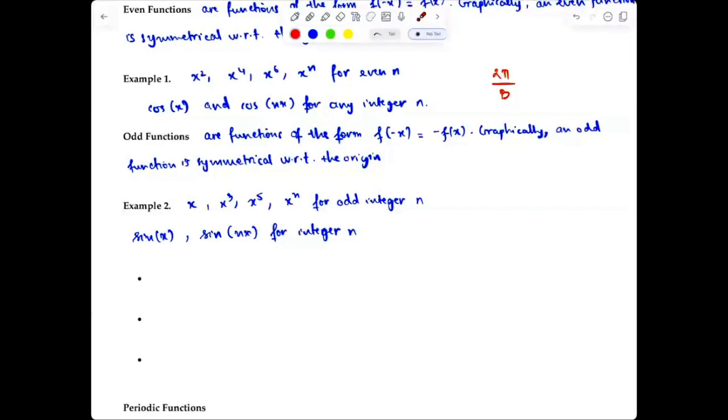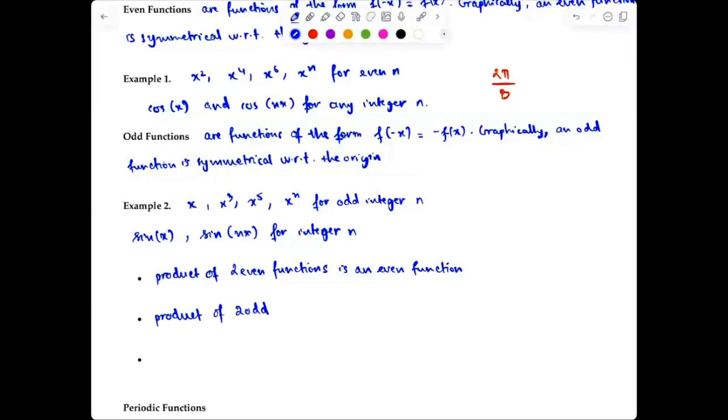Now we know about even functions and odd functions. If you multiply two functions together, what are we going to have? The product of two even functions is an even function. Next, the product of two odd functions is also an even function.